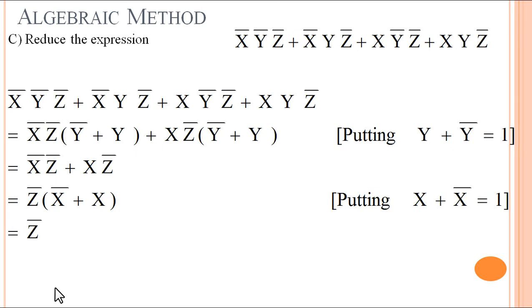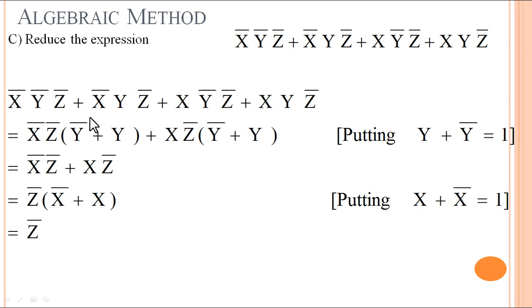Moving to the next simplification. Simplifying the expression by using the algebraic method, example number 3, we have x bar multiplied by y bar multiplied by z bar plus x bar multiplied by y multiplied by z bar plus x bar multiplied by y bar multiplied by z bar plus x multiplied by y multiplied by z bar.